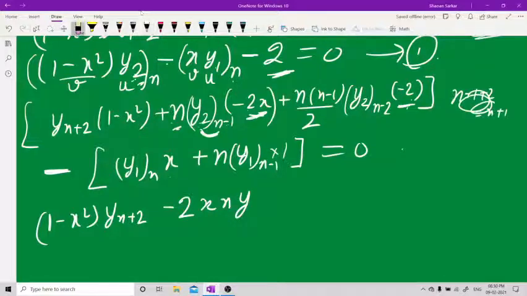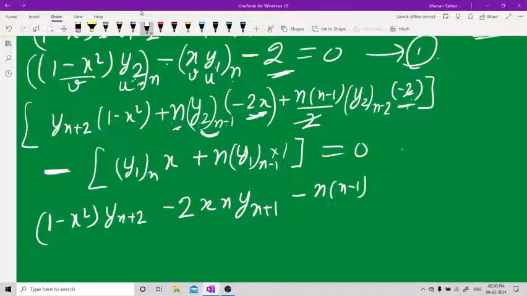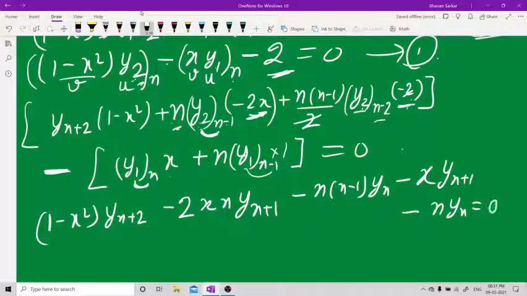So you will have y_(n+1). Then this 2 and this 2 cancel out. You have minus n into n minus 1. This 2 and n minus 2 will give me y_n minus, open up this, x. This and this will give me n plus 1. Now this one and this one will cancel out, minus n y_n equal to 0.